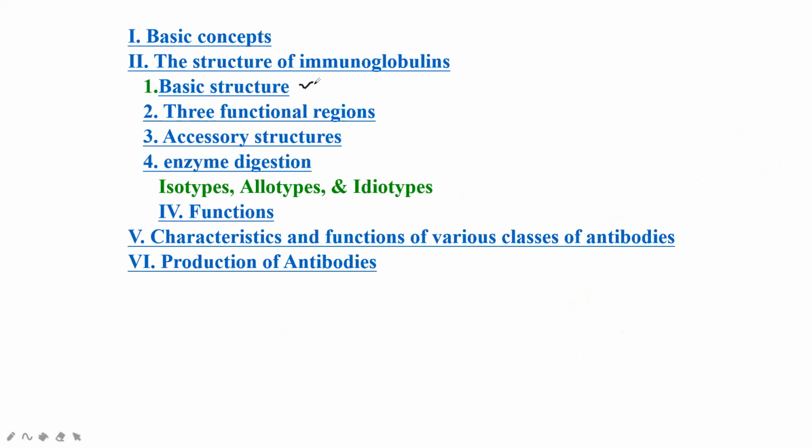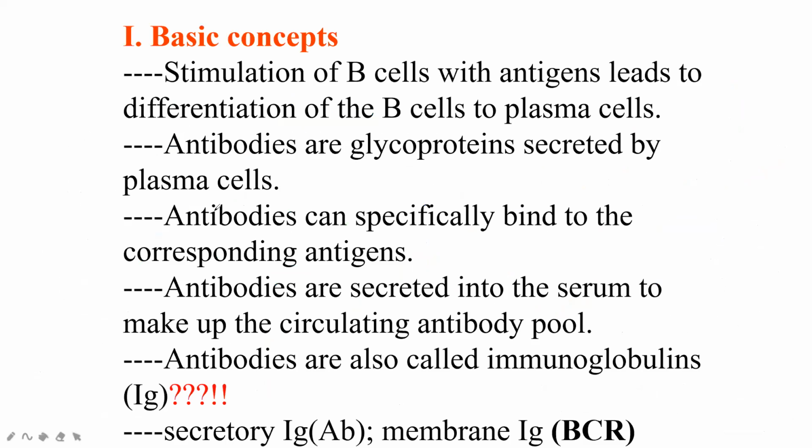In this chapter, first we see their structure, what the different types of regions are, how they work, and what their types are: isotype, allotype, idiotype, and what the functions of antibody are, one by one. Antibodies are produced from B cells, clear?